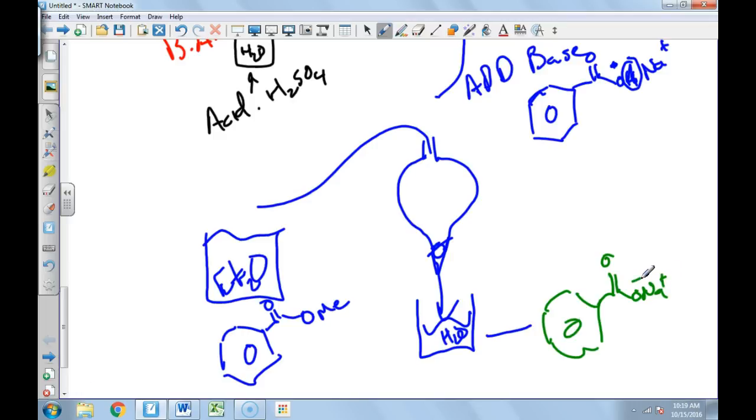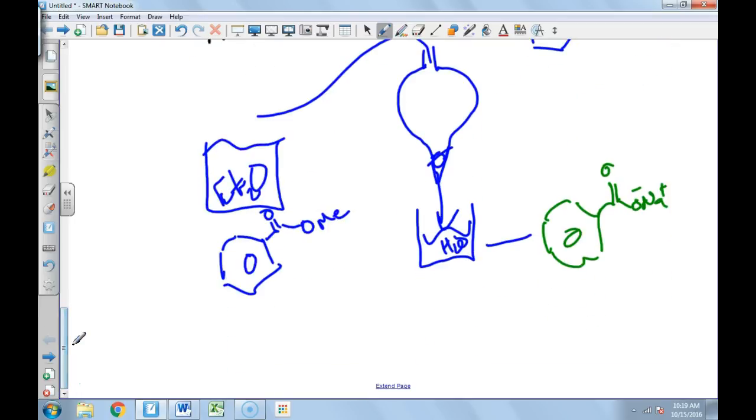So now we have separated the sodium benzoate from the methyl benzoate, and that's what we want to do. That is where we want to save both layers. That's where both layers get saved.